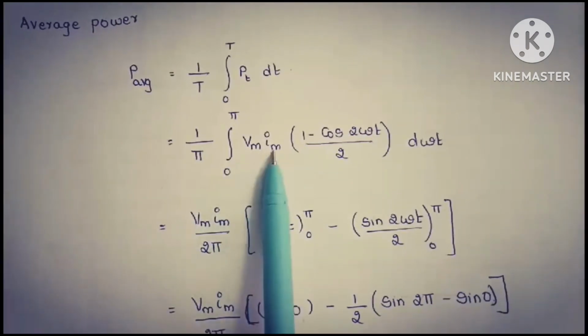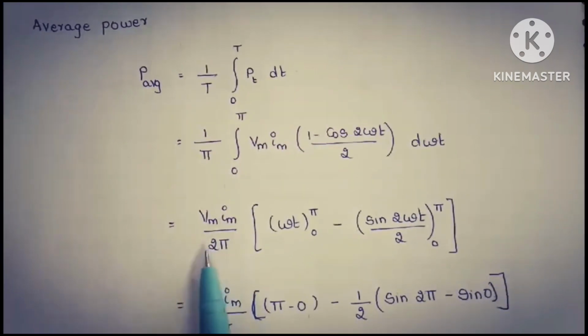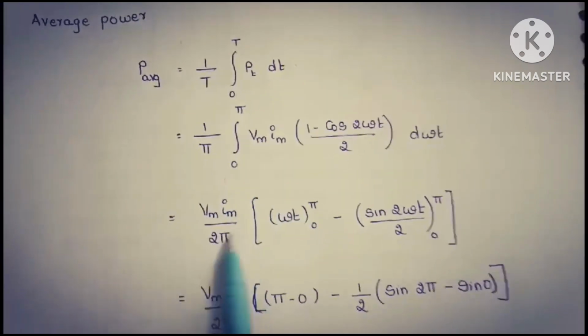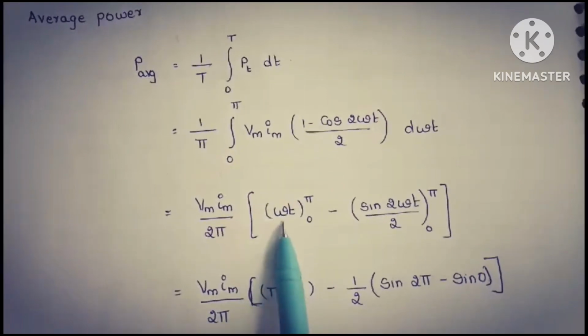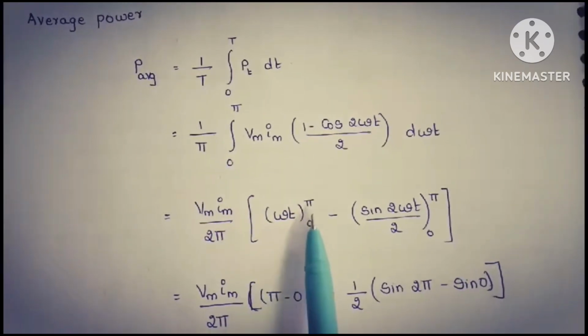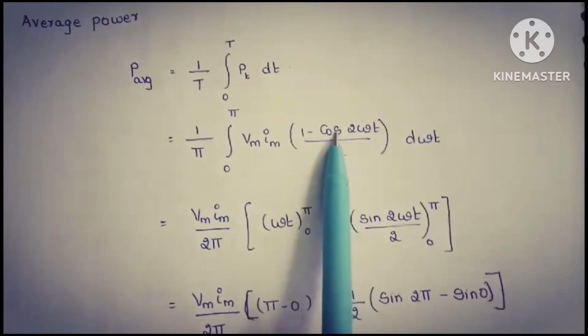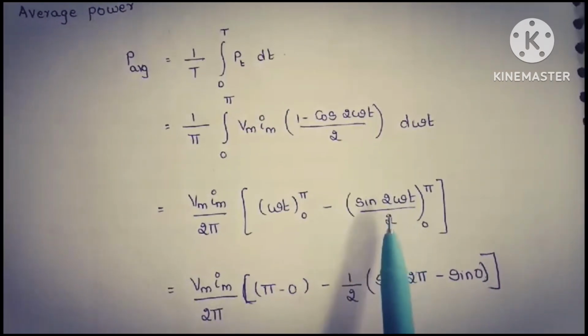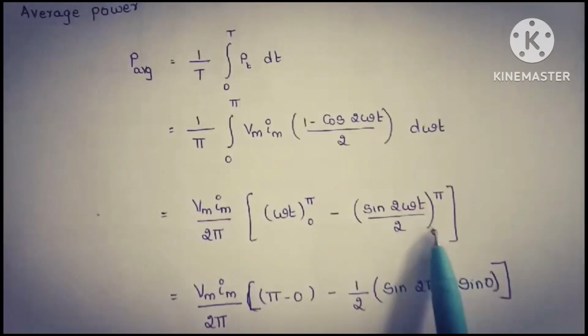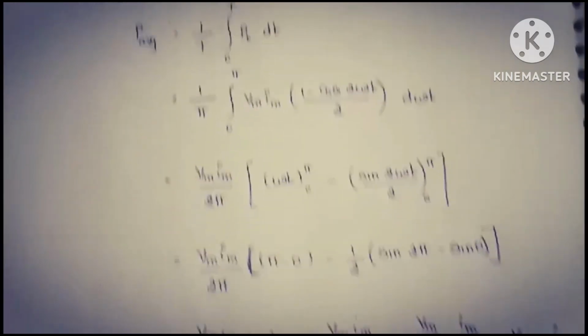If we bring Vm Im outside, Vm Im by 2 pi times the integration of a constant, which is omega t within the limit 0 to pi, minus the integration of cos 2 theta, which is sin 2 theta by 2, within the limit 0 to pi.